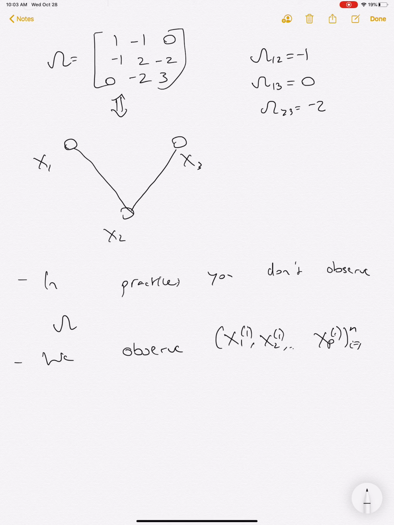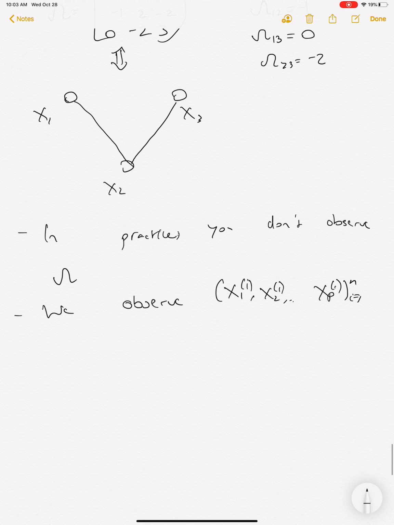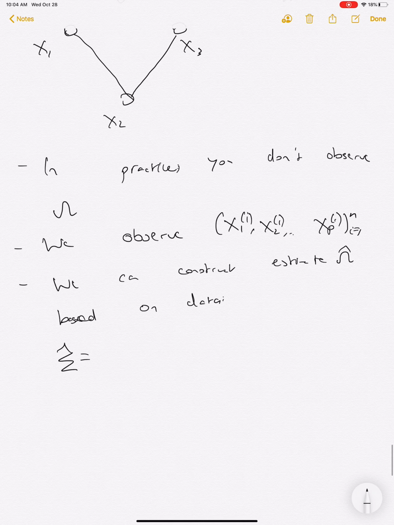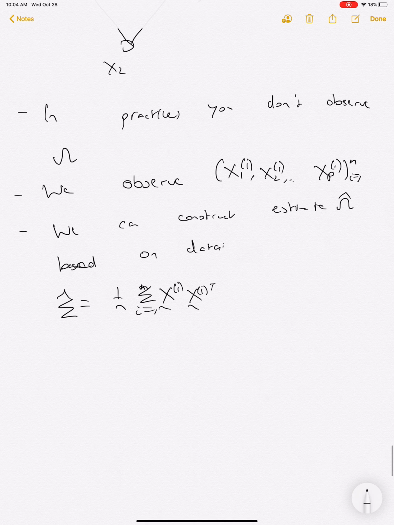This is where what we just learned about parameter estimation is useful: we can construct an estimate, omega hat, based on data, where we know that sigma hat is given by this overall expression, where you imagine putting that in a p-dimensional vector and then putting it together like that, and then omega hat is equal to the inverse of that.